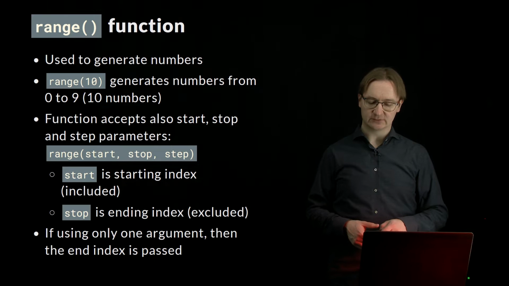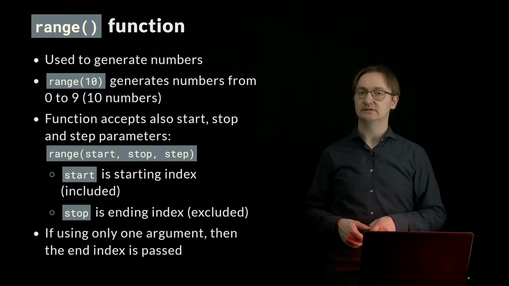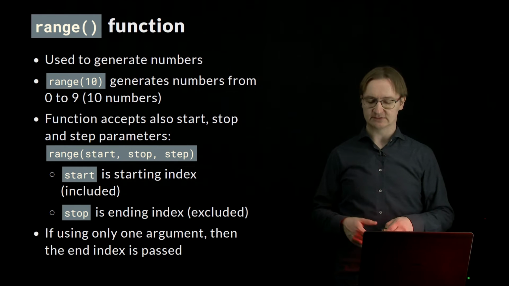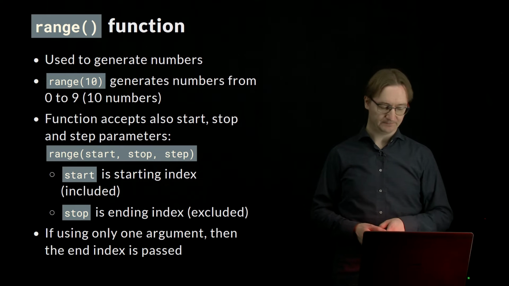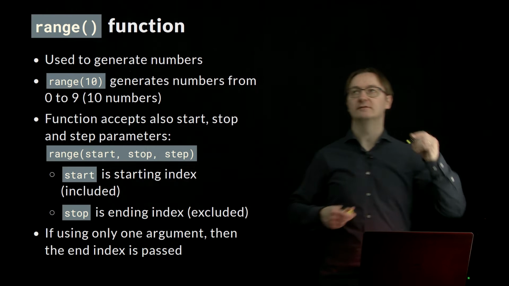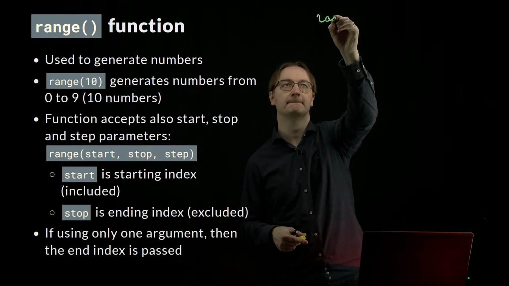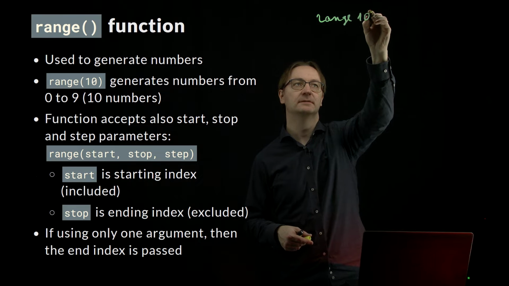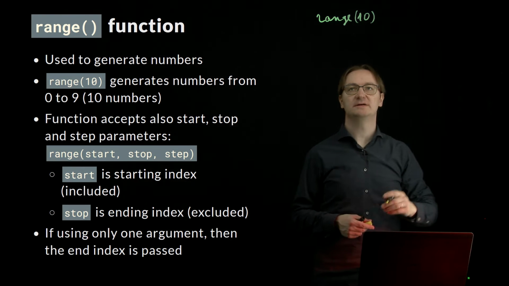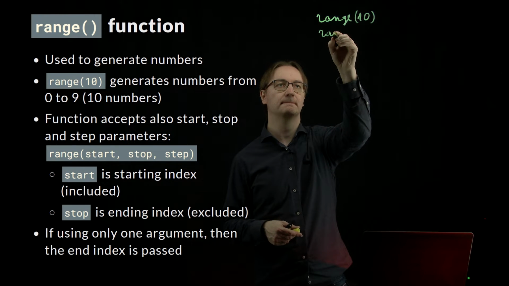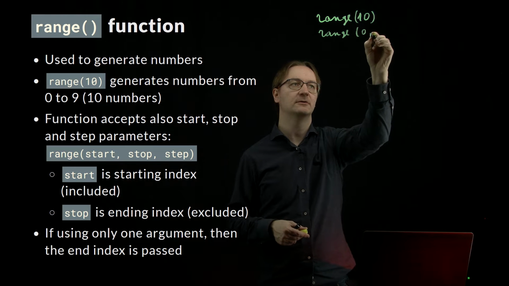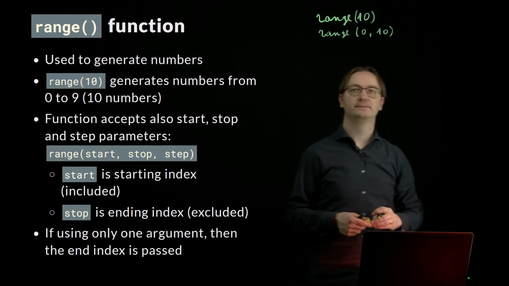And if we are using only one argument, then it's treated as the end index or the end number. So if I write range 10, then this is basically the same as range 0 and 10.